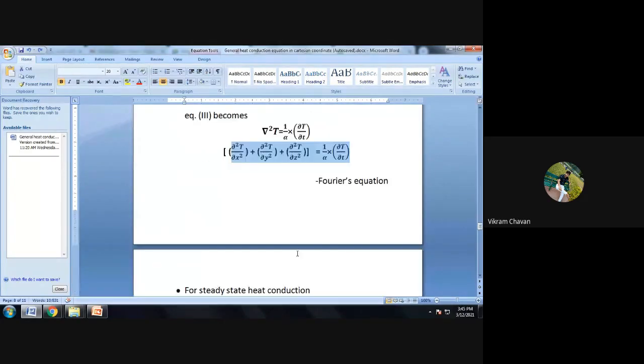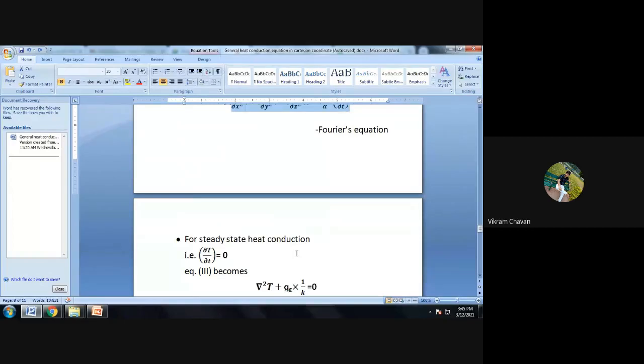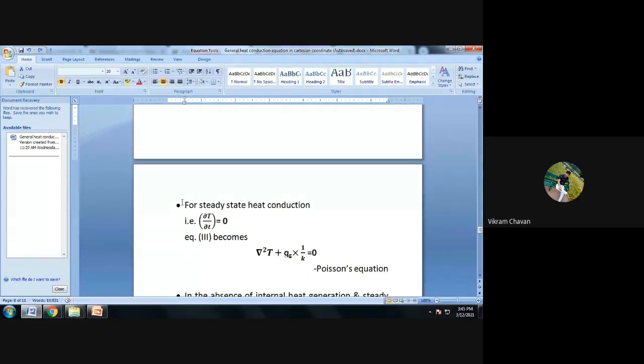The next form of this general heat conduction equation that we have to consider is steady state heat conduction. Steady state we apply for the thermal boundaries.